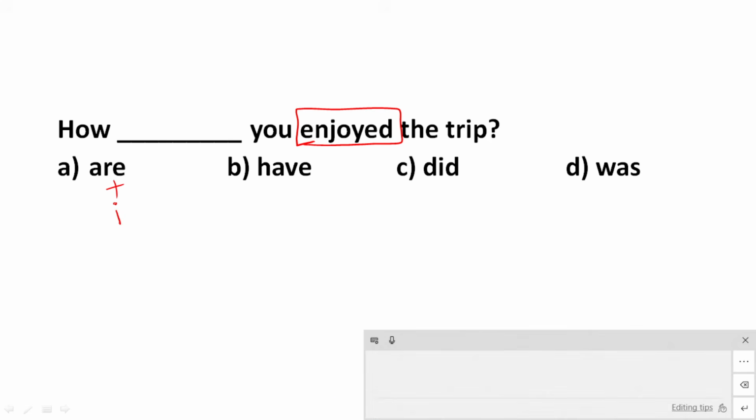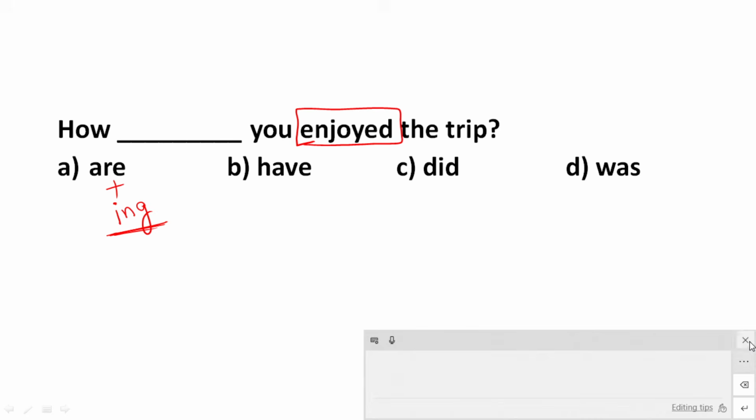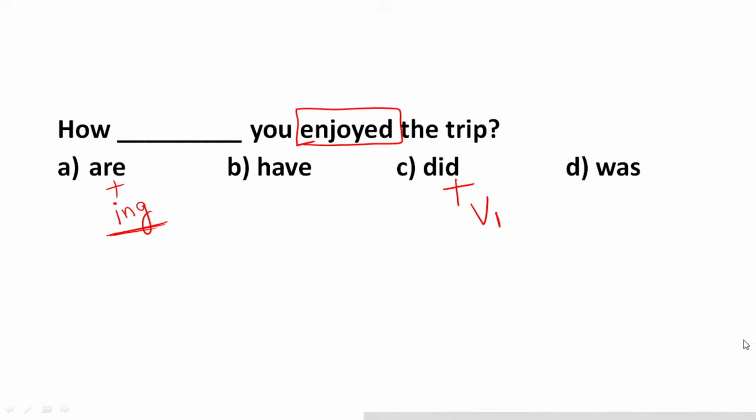We all have discussed that when R comes in a sentence, the verb should be in ing form, correct? Here, the verb is not in ing form, so it cannot be used. Now, see the C option. The verb here is did, and we have discussed that when did comes in a sentence, the verb should be first form.